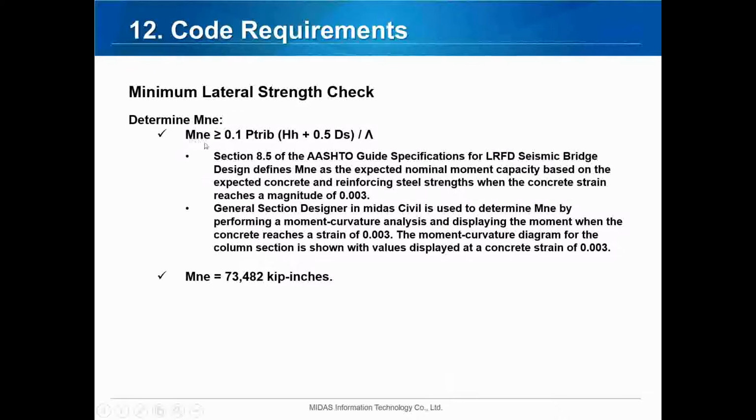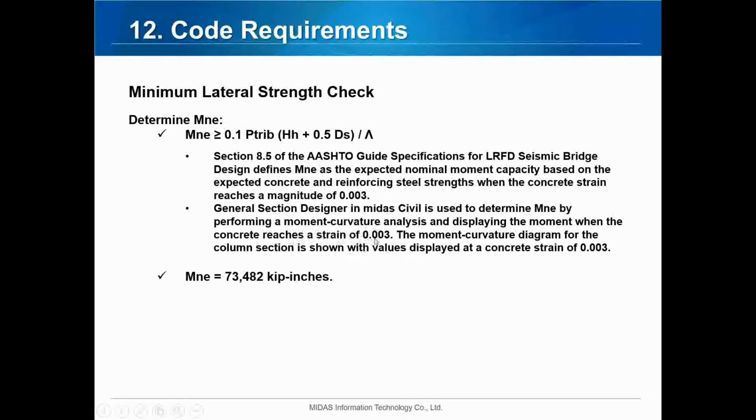So to determine M_ne, section 8.5 of the guide spec requires that we use a concrete strain of 0.003, and so we used section designer in Midas Civil to determine M_ne based on our strain of 0.003.